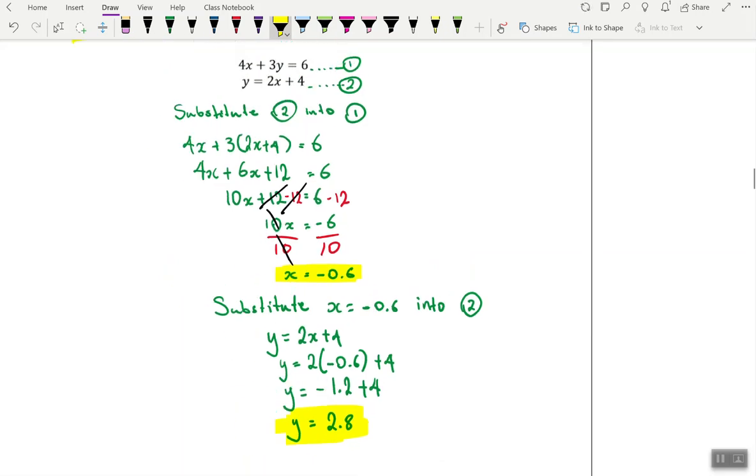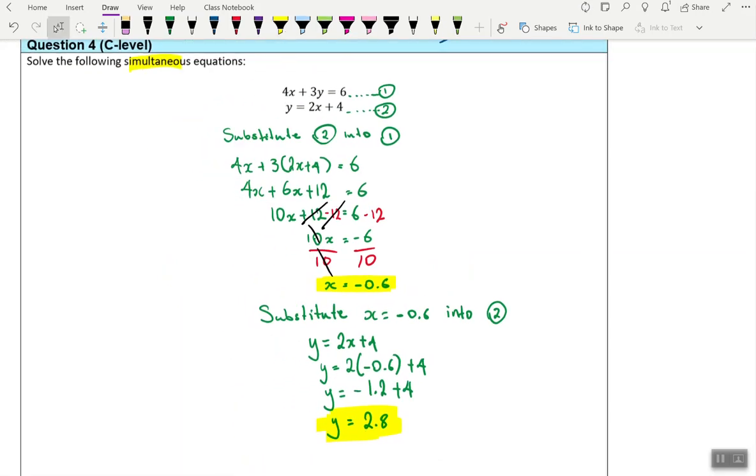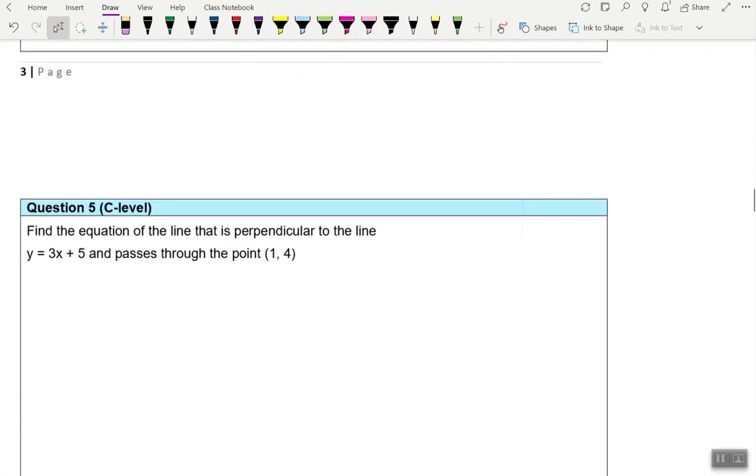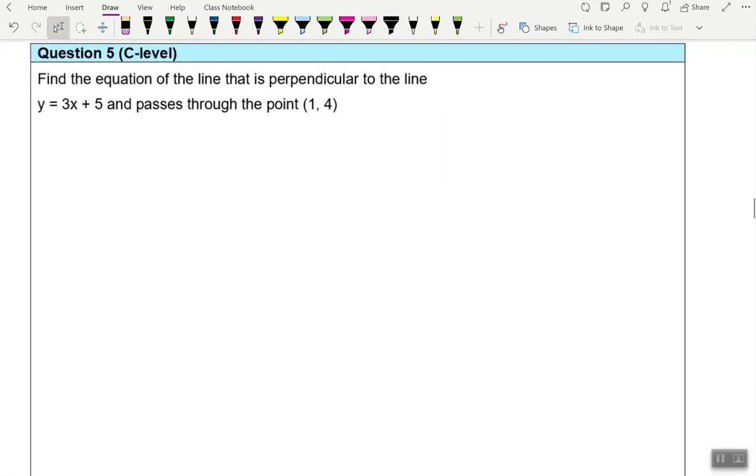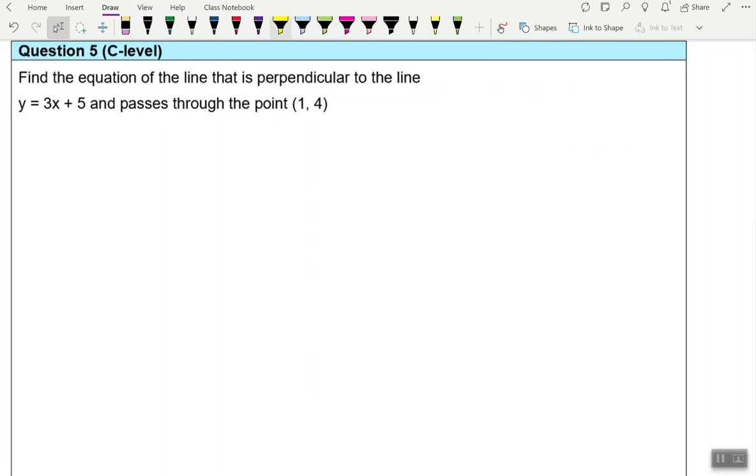All right, we're going to move on and go to question 5 and do that one as well. So in question 5, it says find the equation of the line that is perpendicular to this equation here. We've been given some extra information and we've been told that it passes through this point 1, 4.